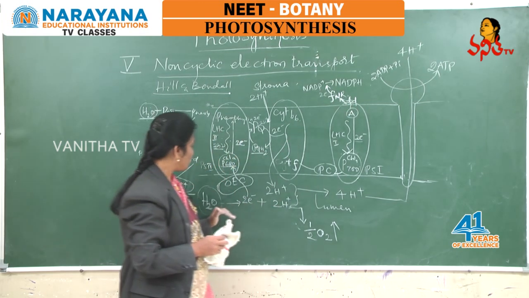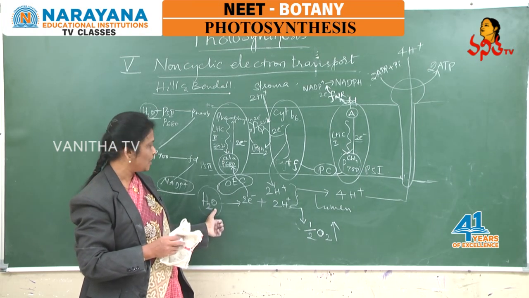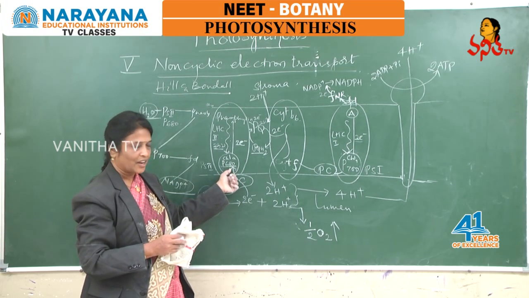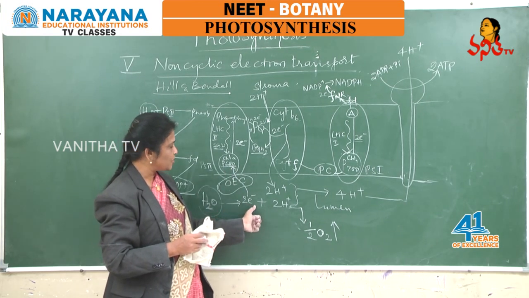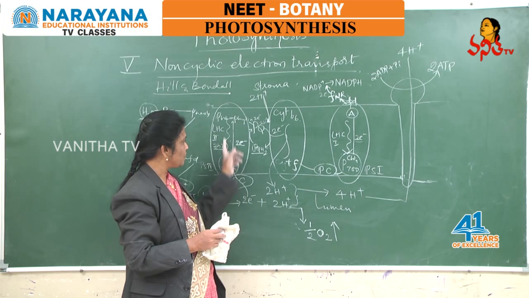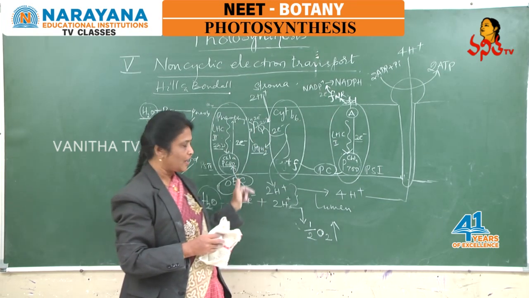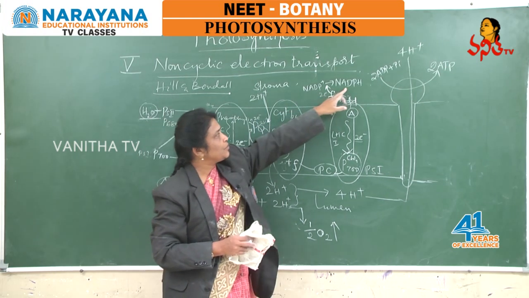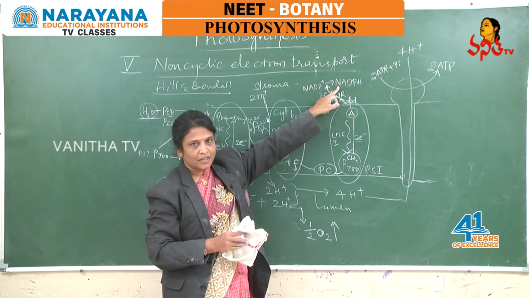Here, in the photolysis of water, if one water molecule undergoes splitting in the presence of excited chlorophyll P680 pigment, it causes the liberation of 2 electrons, which are involved in non-cyclic electron transport, finally received by NADP+ and reduced to NADPH, causing the synthesis of reducing power.